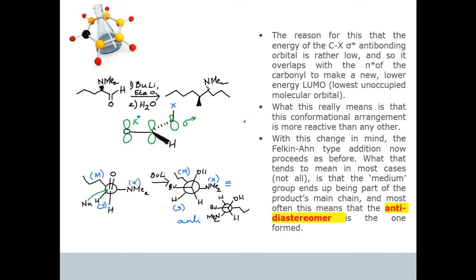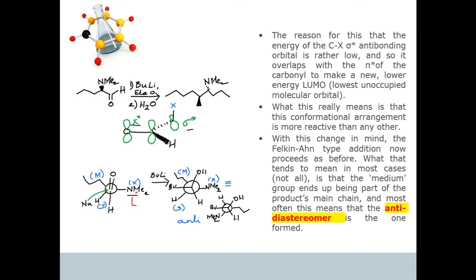The reason for this is that the energy of the carbon-halogen sigma star antibonding orbital is rather low, and so it overlaps with the pi star of the carbonyl to make a new lower energy LUMO, lowest unoccupied molecular orbital. What this really means is that this conformational arrangement is more reactive than any other. In our earlier Felkin-Anh model, we found that this place was occupied by a larger group.